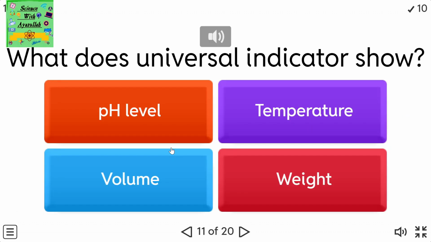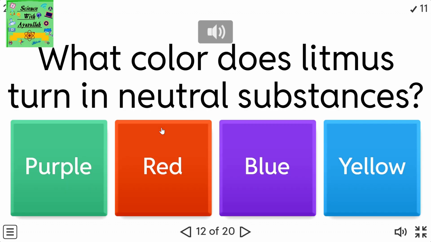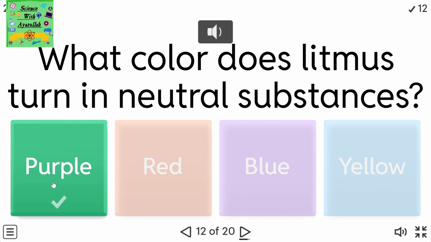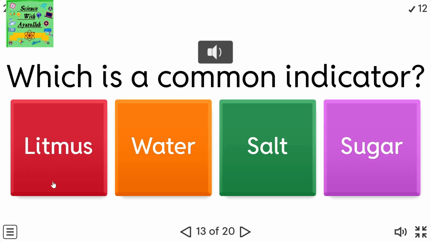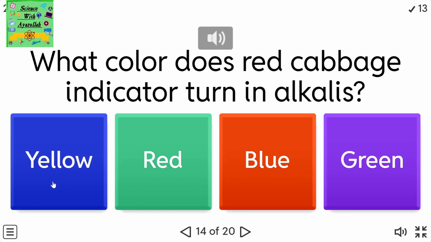What does universal indicator show? What color does litmus turn in neutral substances? Which is a common indicator? What color does red cabbage indicator turn in alkalis?